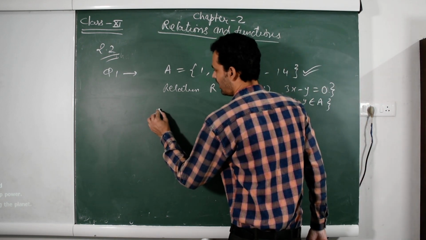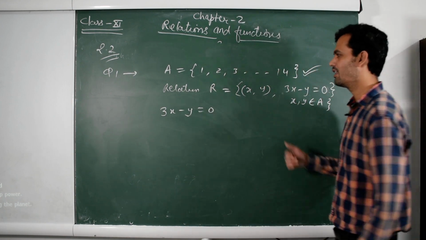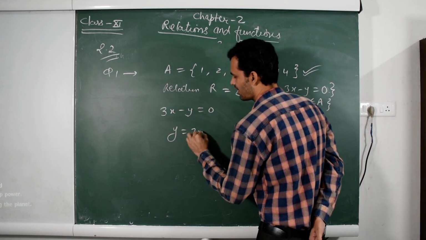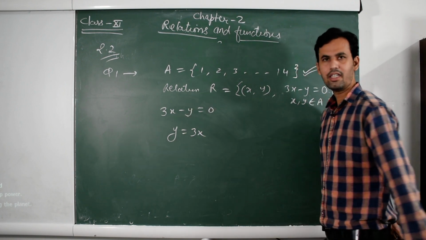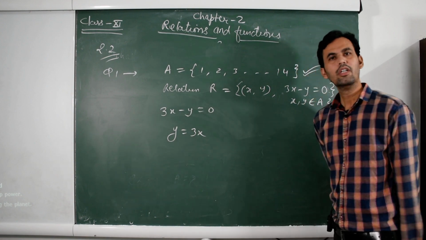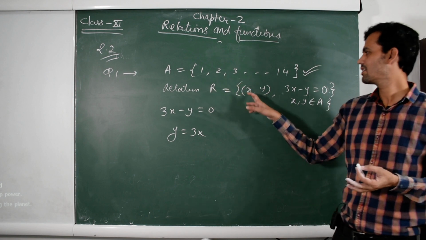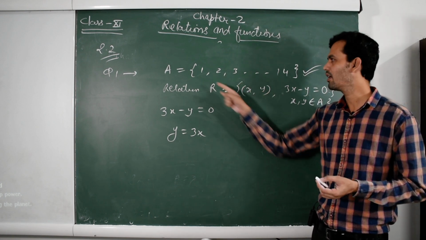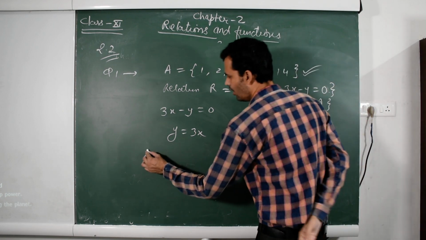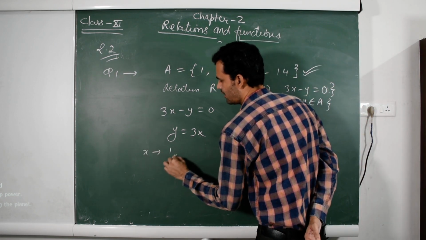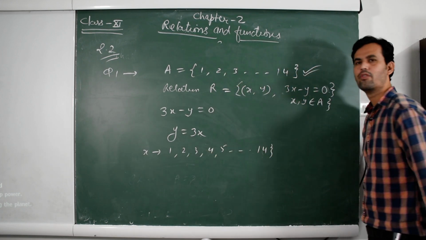So the relation is 3x - y = 0, or we can write it as y = 3x. Now what are the values of x? x is the first element of the ordered pair, so we have 14 values of x: 1, 2, 3, 4, 5 and so on up to 14.